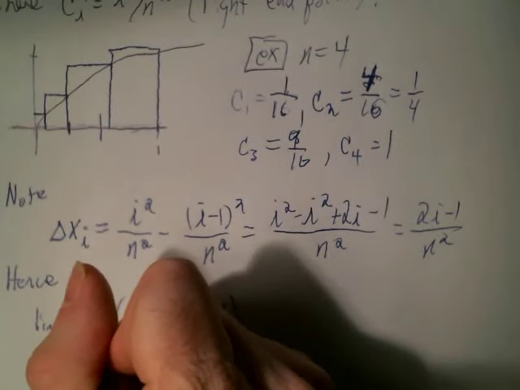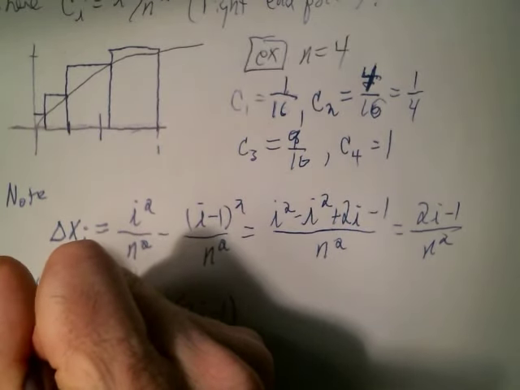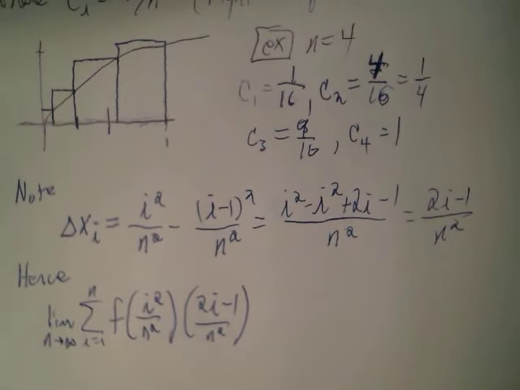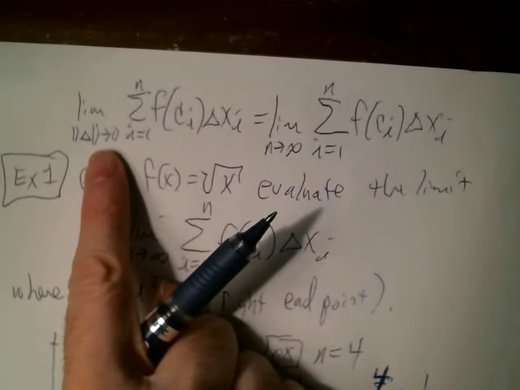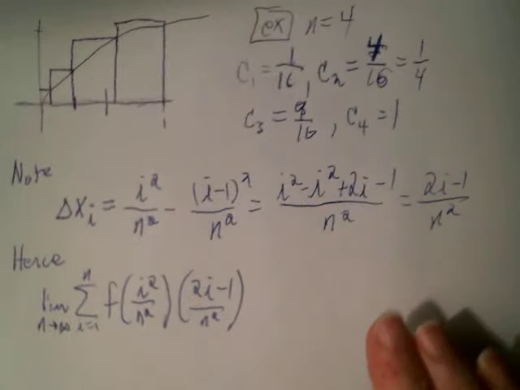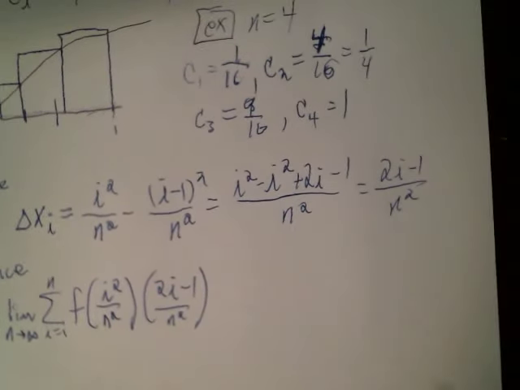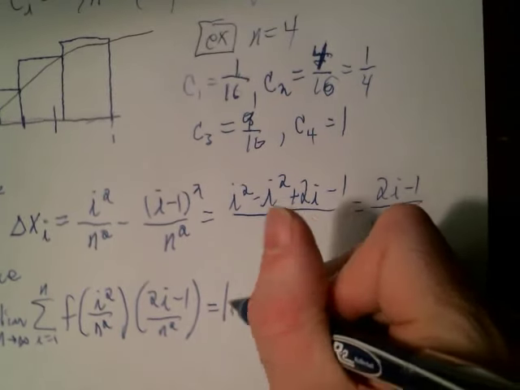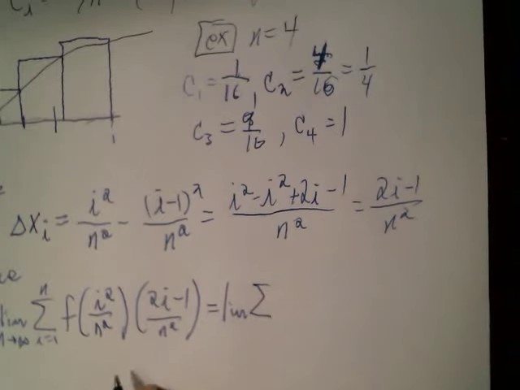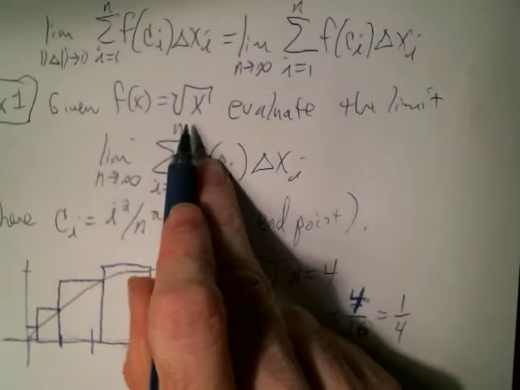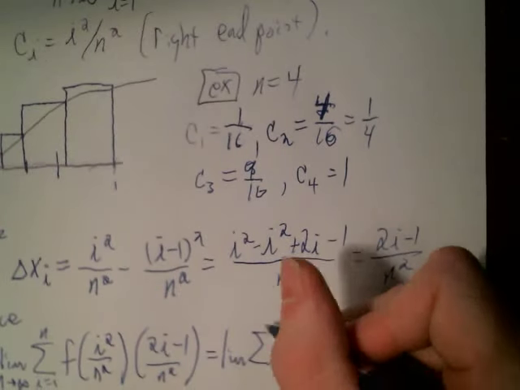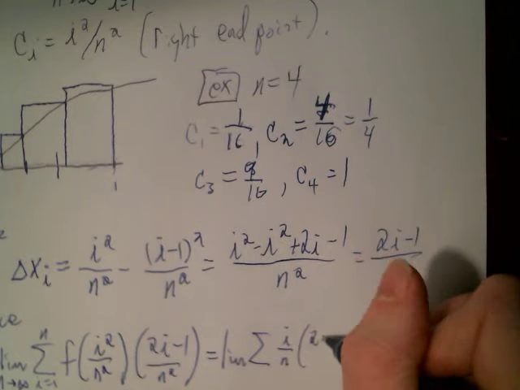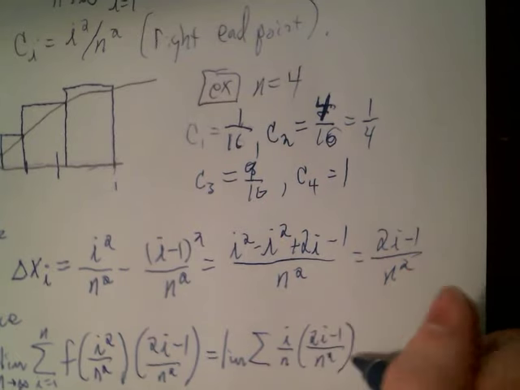Okay, now we're going from i equals 1 to n and taking the limit as n goes to infinity, right, which is the result of assuming that we're taking the limit of the partitions going to 0. All right, so let's go ahead and figure this out. So the limit of the sum f of this, so I'm plugging this formula into this formula and taking the square root, I just get i over n, which is nice. Then times 2i minus 1 over n squared.